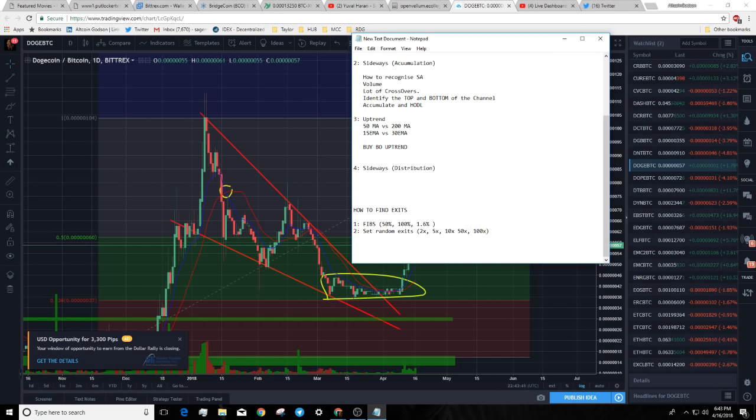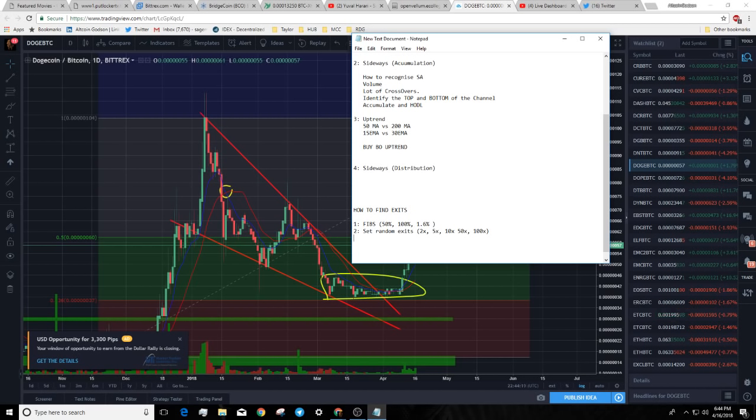Just setting random arbitrary sells and holding until those sells hit. This is a bit more like the Secrets strategy. I don't know what Secrets uses to exit his bags, but I think he's like, okay, this is 10x, I'm gonna sell a little bit here. This is 50x, I'm gonna sell a little bit there, and it's just how he trades.